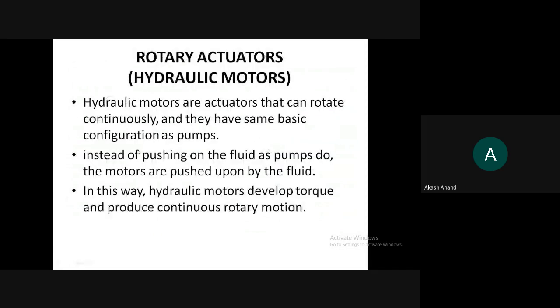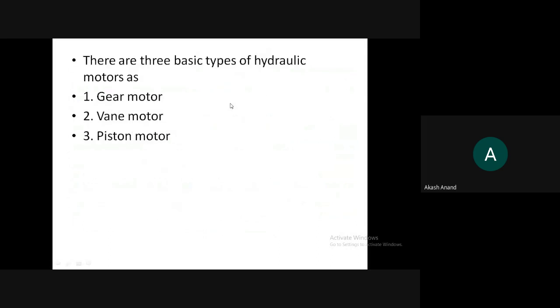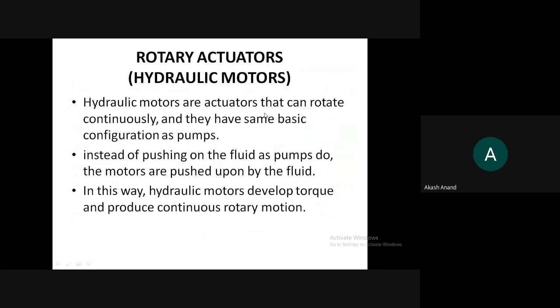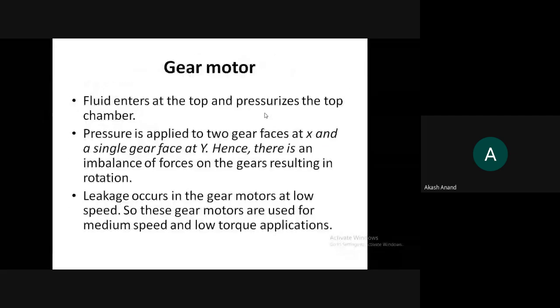I already told you that hydraulic motors are actuators driven with the help of a hydraulic system. You should not confuse it with an electric motor. Since gears are used here, we simply say gear motor. This is not an electric motor.